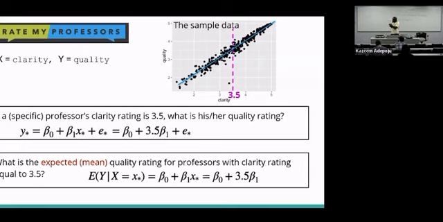I'm trying to show you that error is contained in the individual one, and error is not contained in the mean one. Do you know why error is not in the mean one? Because we have made the assumption that the expected value of error equals 0. On average, error equals 0. That's what it means.